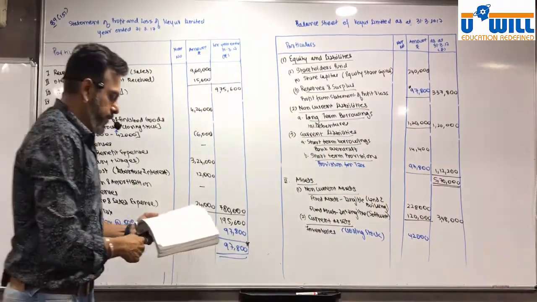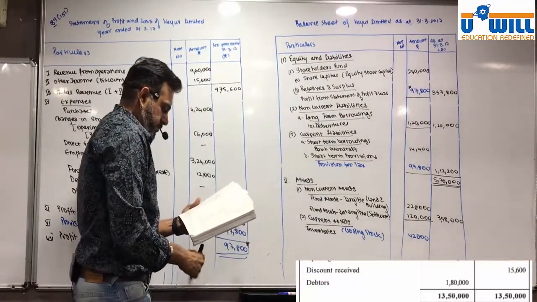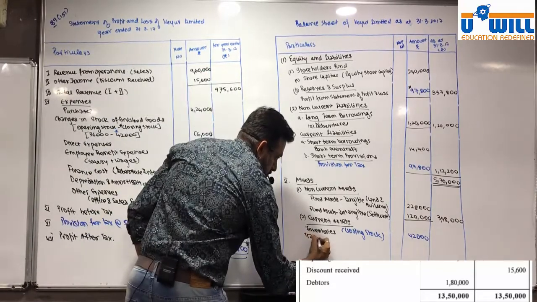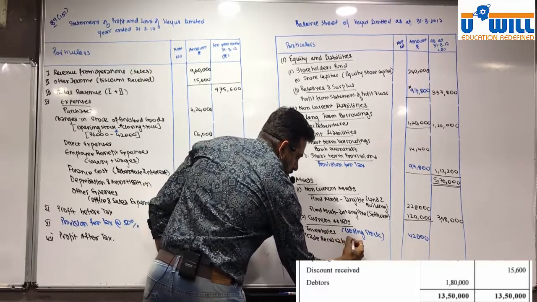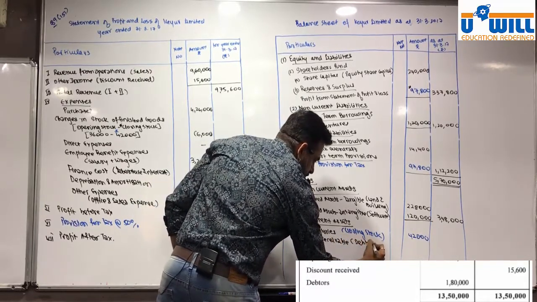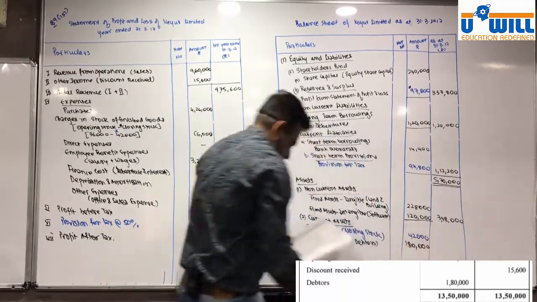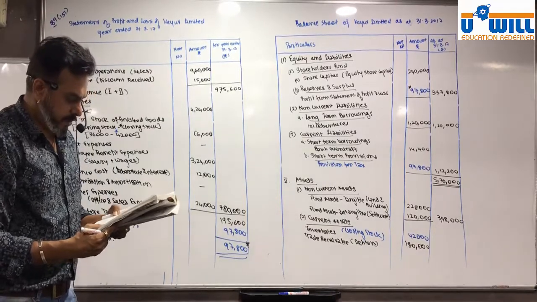Closing stock 42,000. Trade receivable, that is debtors, 1,80,000. That's it. Anything else?